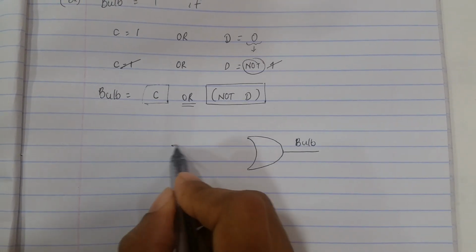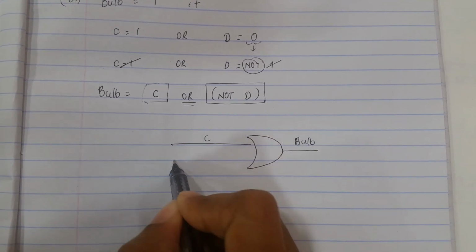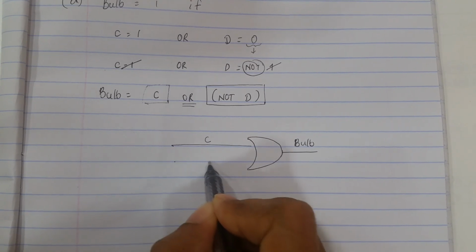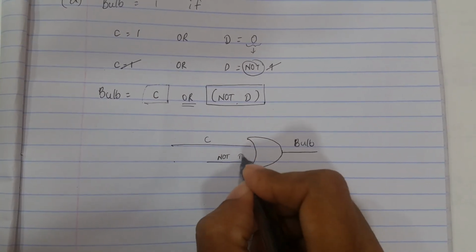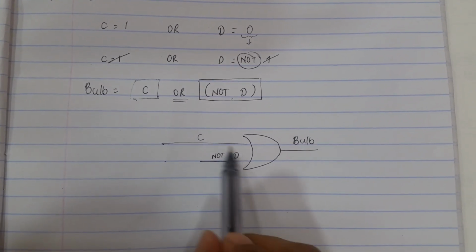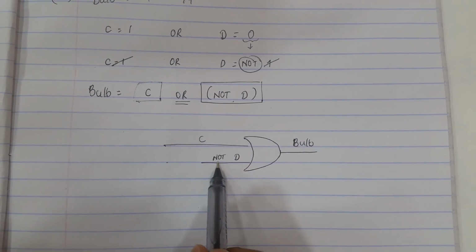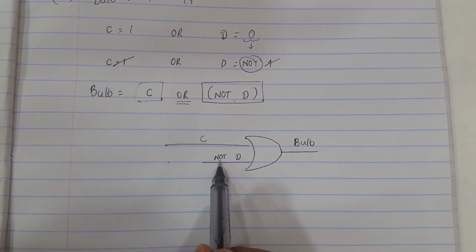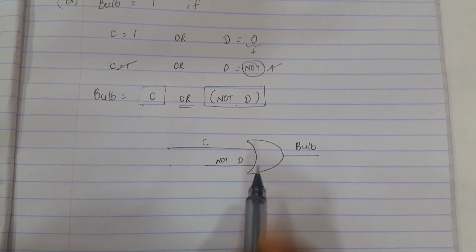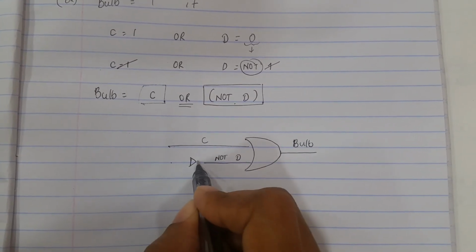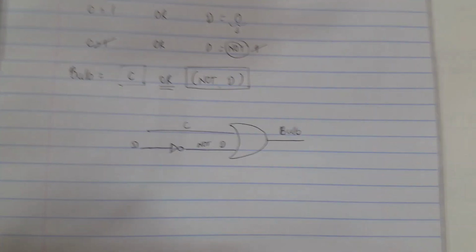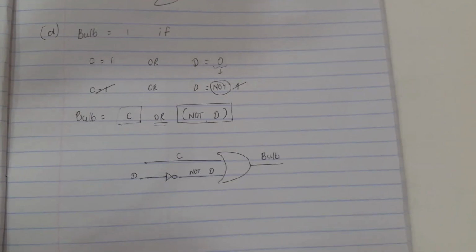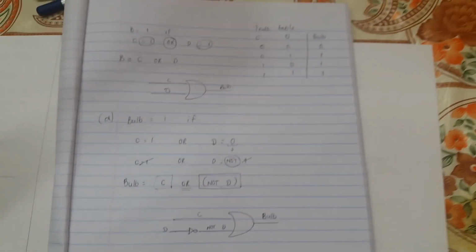And here I'm going to have my line C. And here I am going to have my line NOT D. Now this is not an input value, it is an expression. D must have gone through NOT gate to become NOT D. So I am going to draw my NOT gate to get the input of D. So this is the answer. Okay.